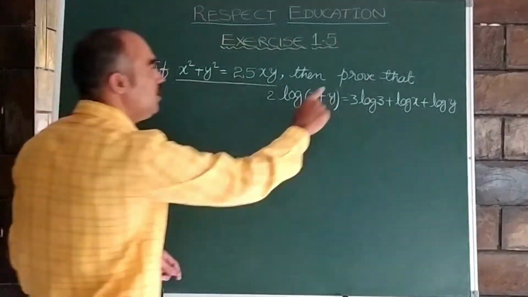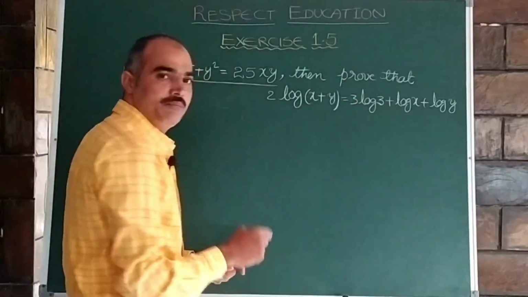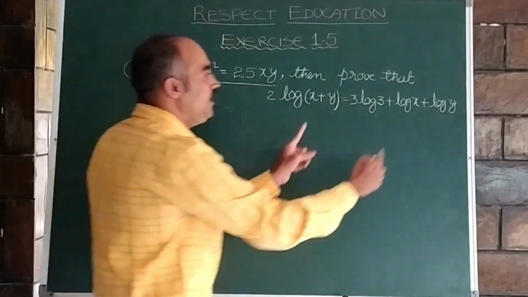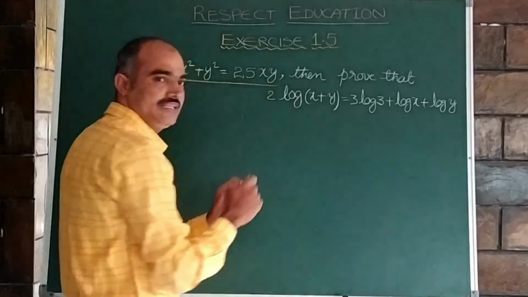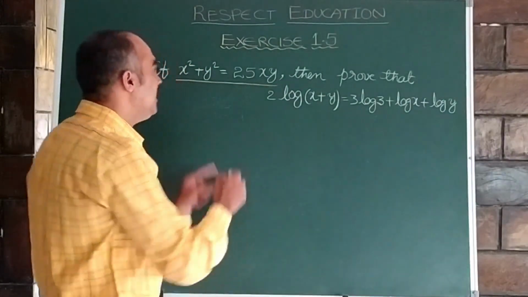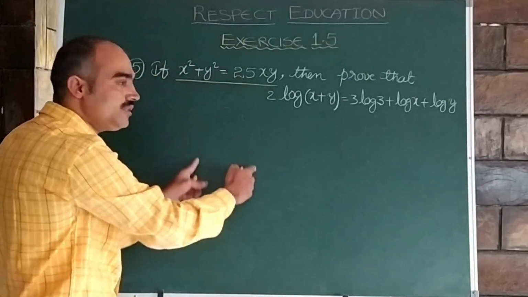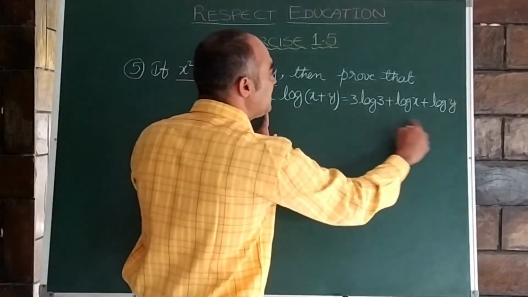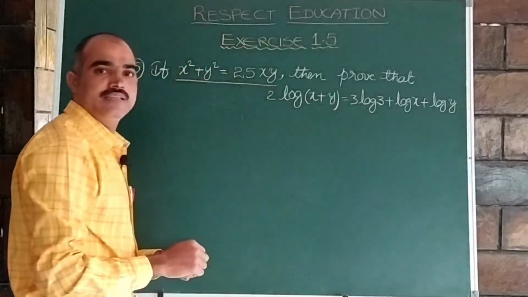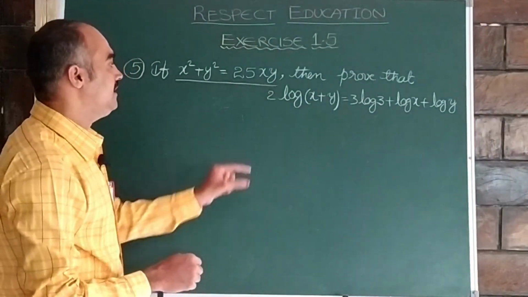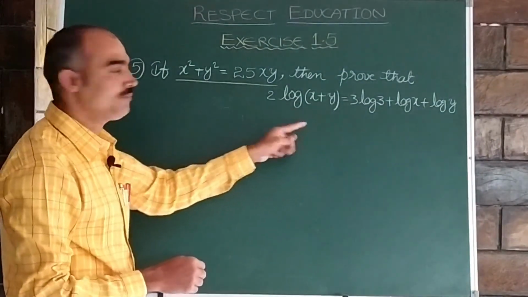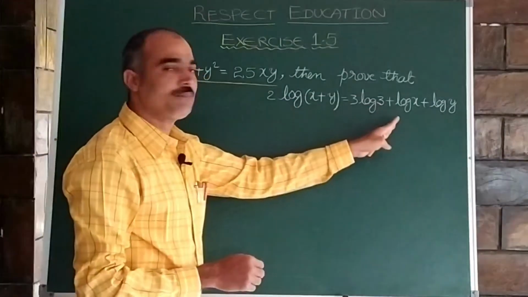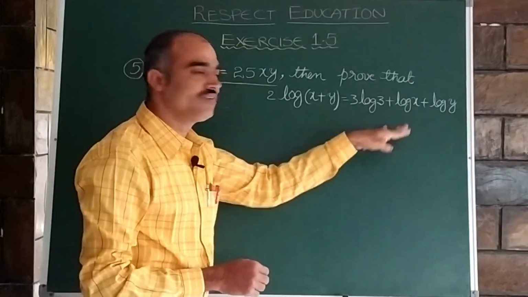But where it says prove or show, you need to take LHS so that you get RHS, or you can take RHS so that you get LHS. In some problems, if we take the if condition and go on solving it, automatically this entire statement, LHS and RHS both together, will come. This problem is that kind of problem. LHS and RHS will not come separately; the entire statement will come as the answer.